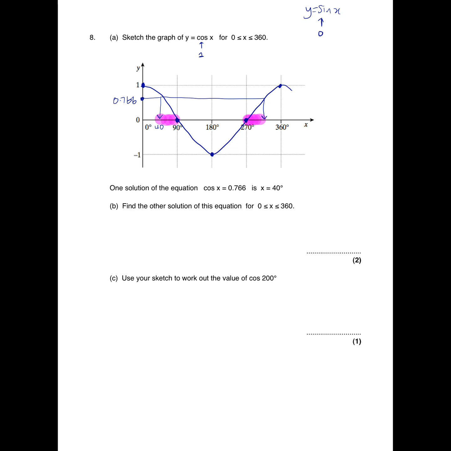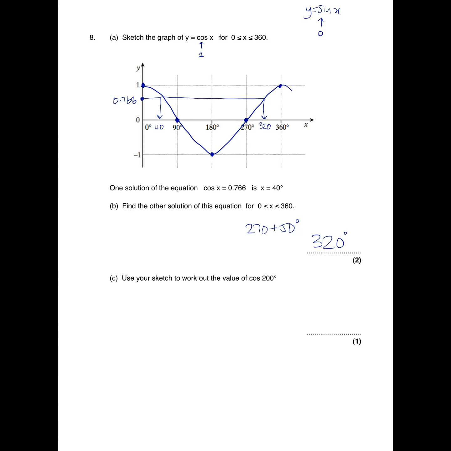I'd have the same size gap on that side between the 270 and the angle that I'm looking for. Between the 40 and the 90 there's a 50 degree gap. Between the 270 and the 320 there's also a 50 degree gap. So that's my 270 plus a 50 degree gap.